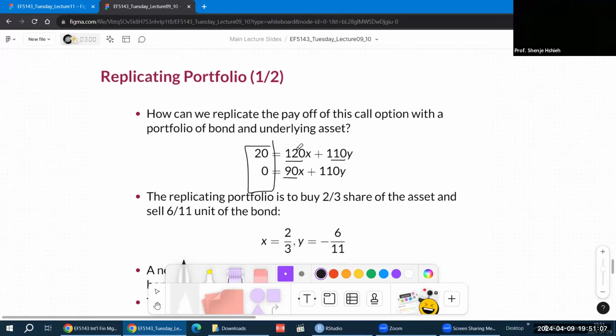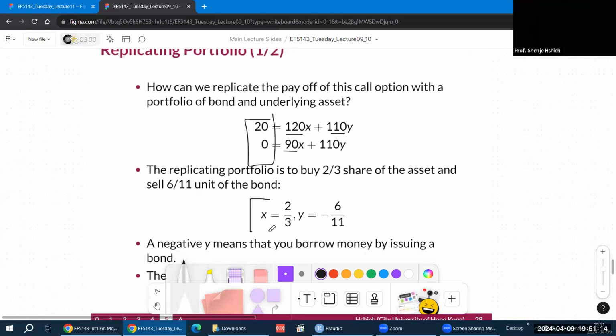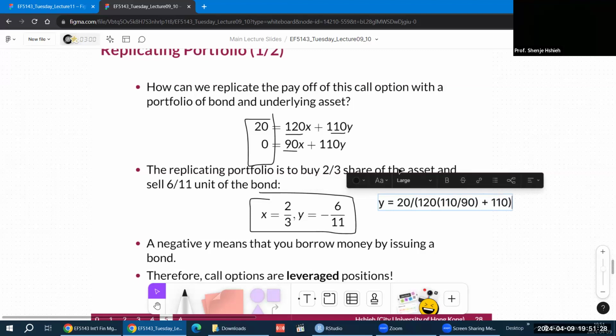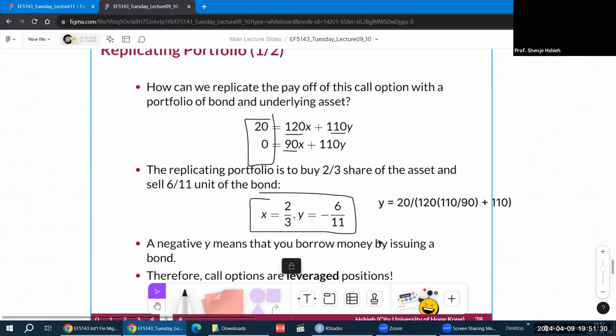If you solve this with linear algebra or just by hand, I'm going to skip through the math, and you will get the solution. If you want an extra step, this is equal to 120, 110 divided by 90 plus 110, I believe, so you can double check yourself.